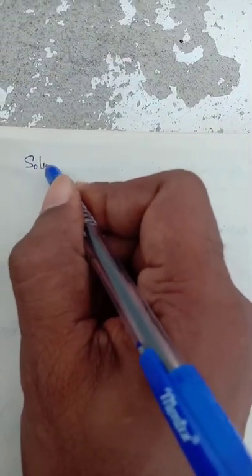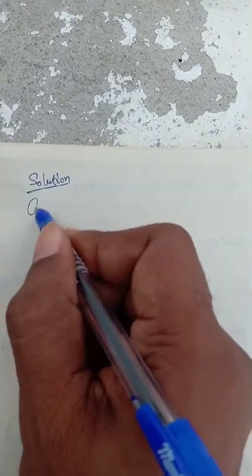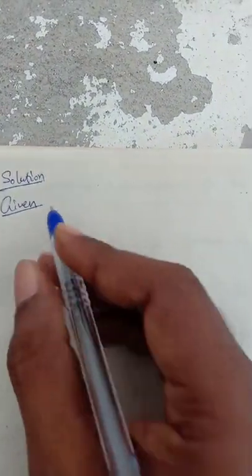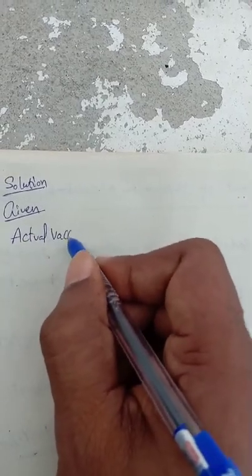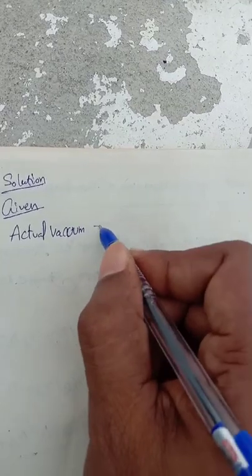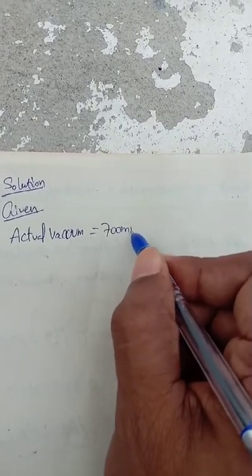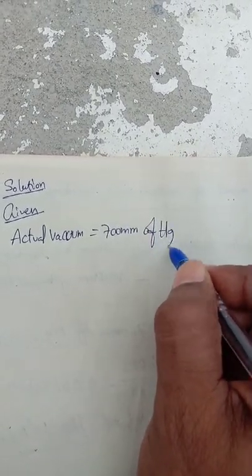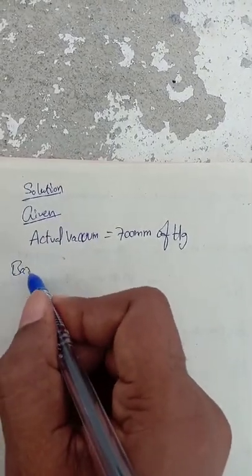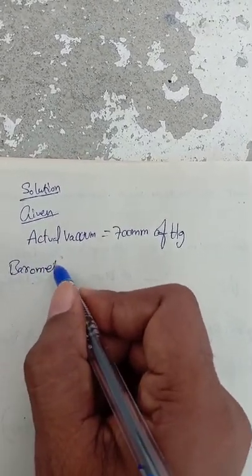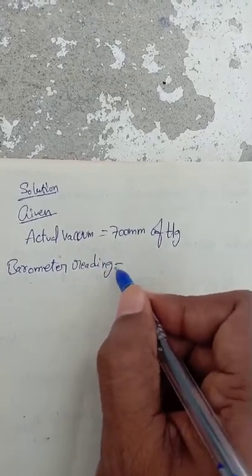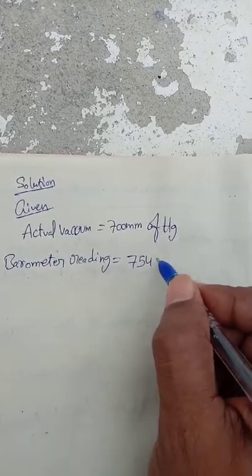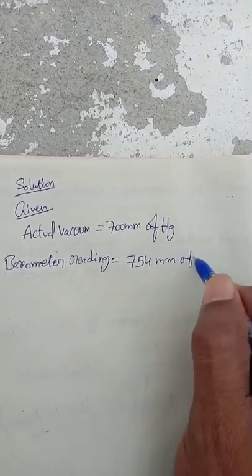Solution. Given data: actual vacuum is equal to 700 mm of Hg, and the barometer reading is equal to 754 mm of Hg.